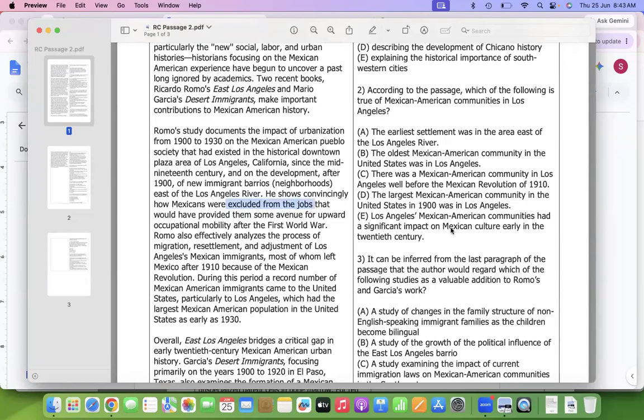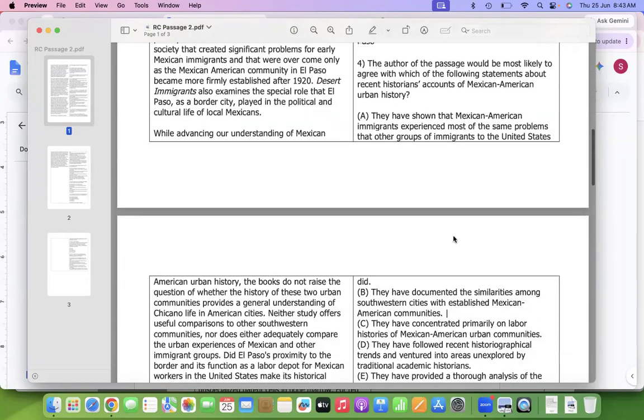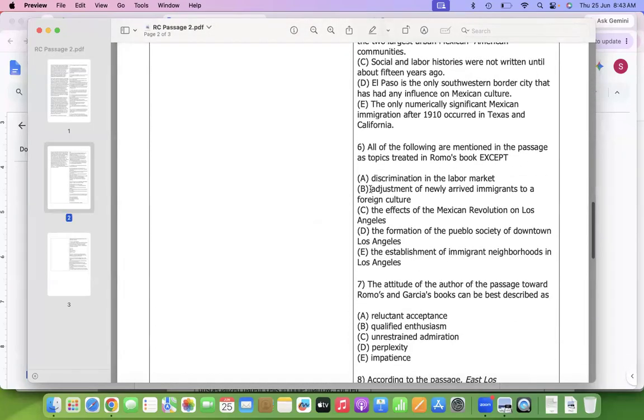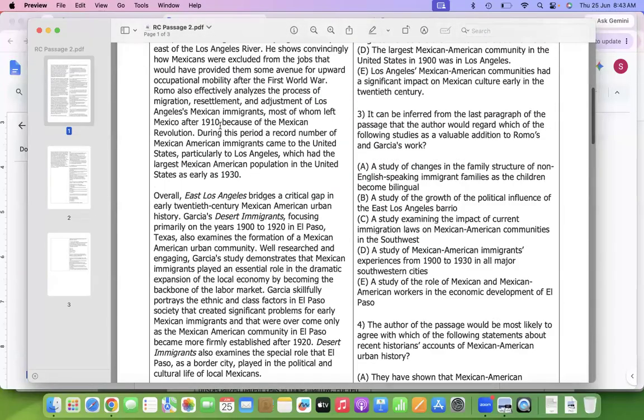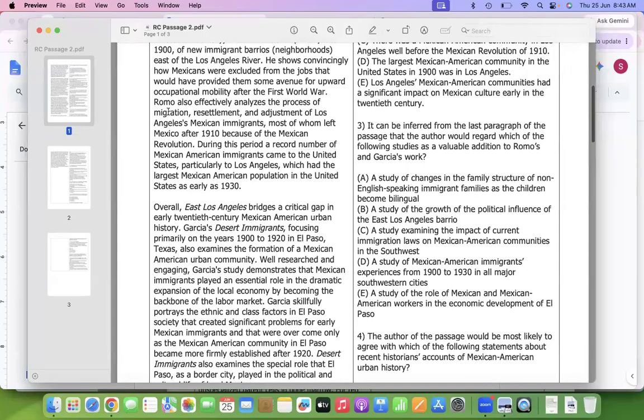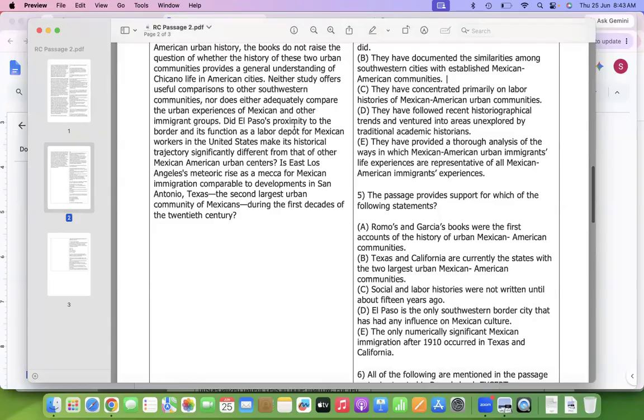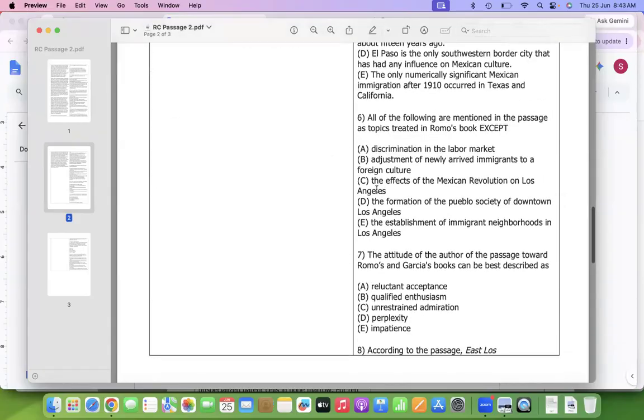Excluded from jobs, so it is there. Adjustment, that's also there. Adjustment of the immigrants. Effects of the revolution on LA, that the immigrants came there.